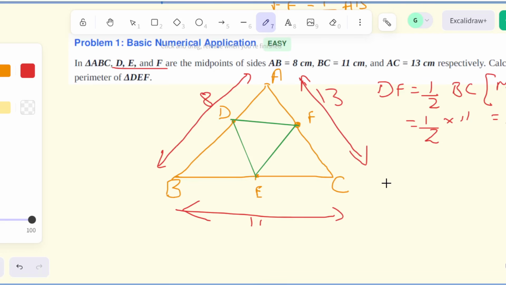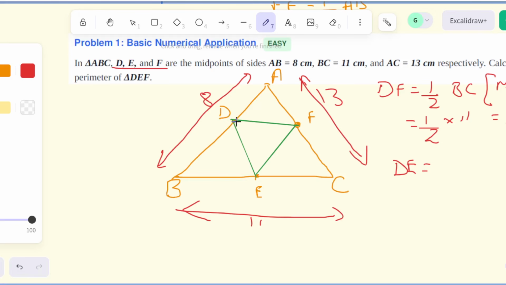Now let's find DE. You tell me, D and E both are midpoints, right? So DE will be parallel to which side, Prashi? D and E are the midpoints of two sides of a triangle, then which side will it be parallel to?